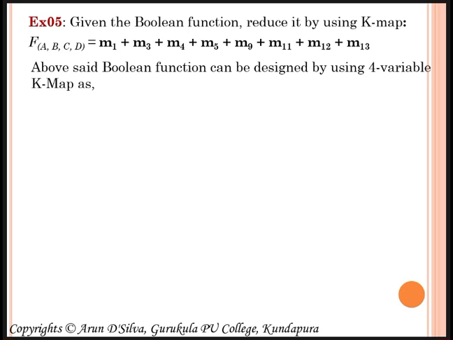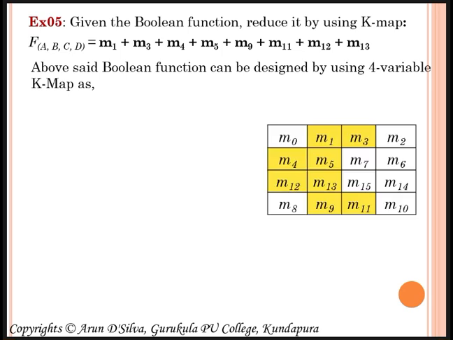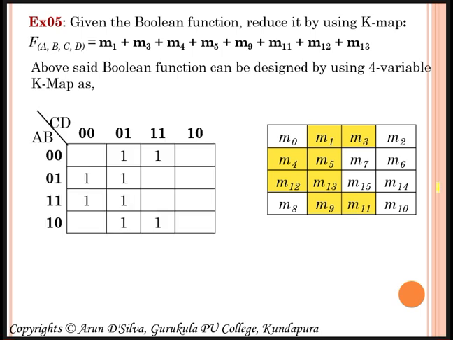Just a hint for you, wherever these min terms are there I have highlighted them, that is m1, m3, m4, m5, m9, m11, m12 and m13. So this is what we have to put in the K-map.